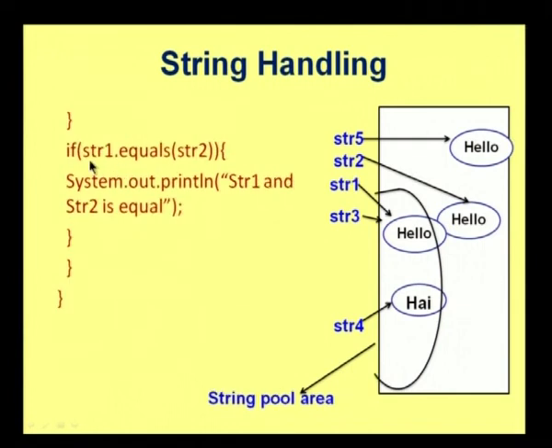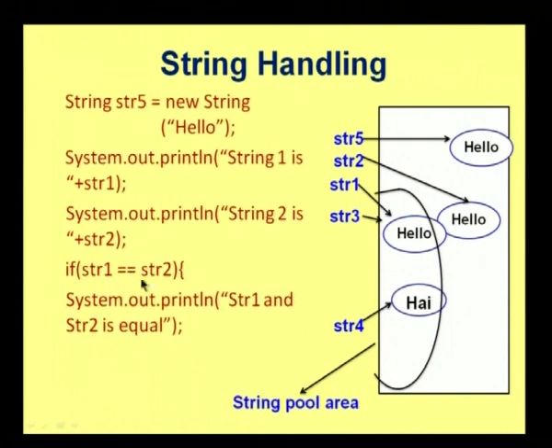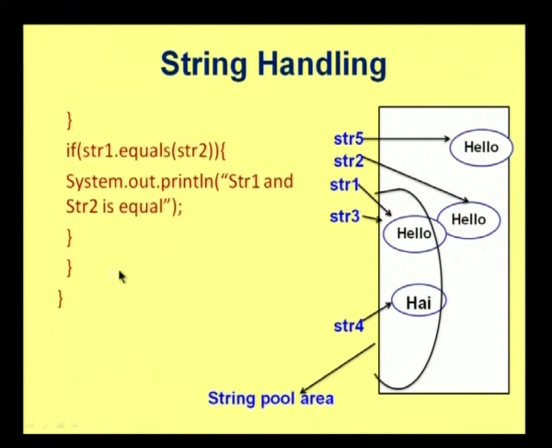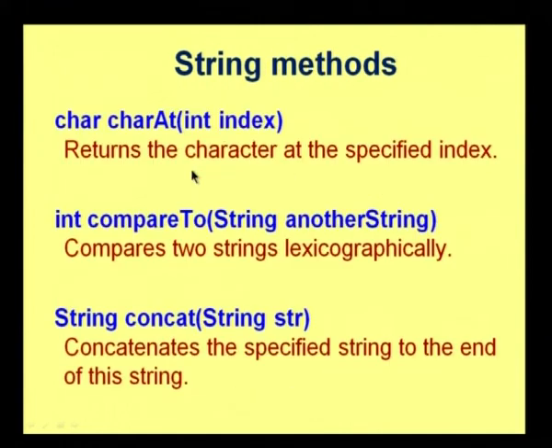Whereas if I check whether the values of str1 and str2 are equal, then the values will be equal. This means that your value is equal, whereas here it means that it is not the same object. So this is for comparing your object and this is for comparing your value.